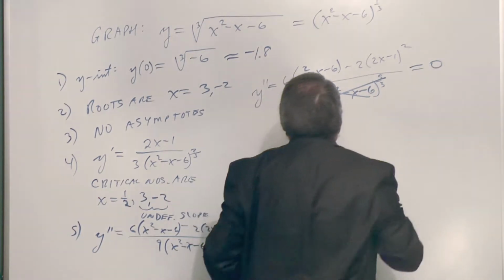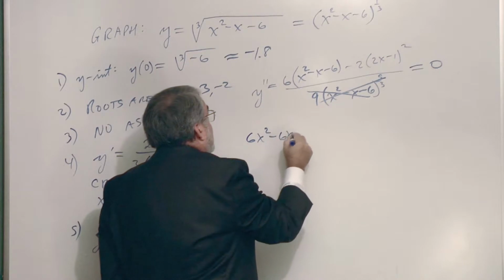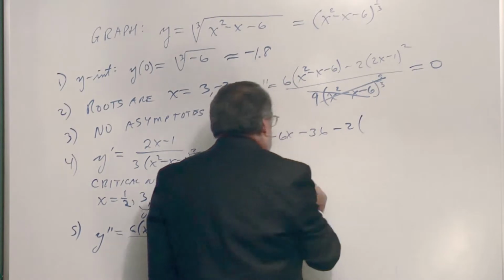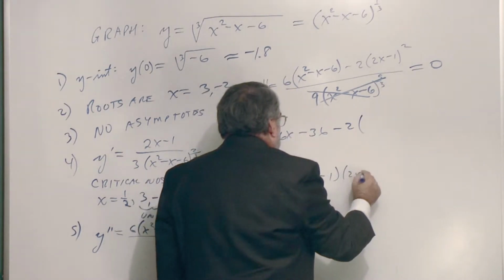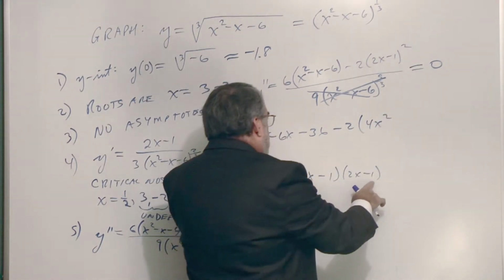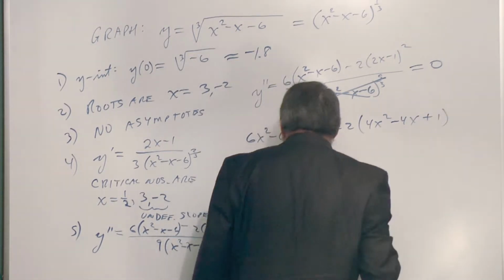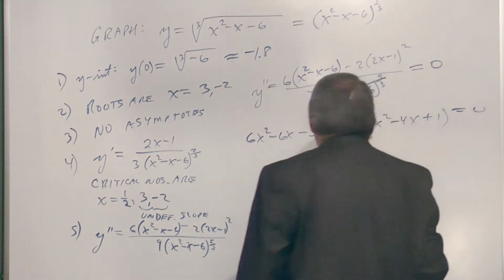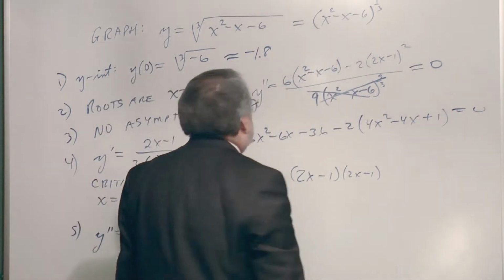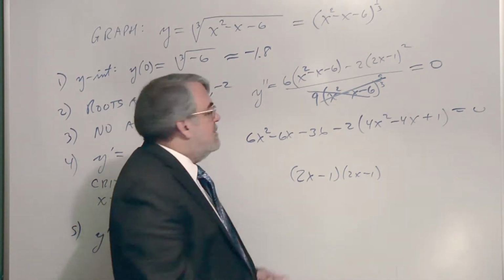So just think of this chunk here, and multiplying, I got 6x squared minus 6x minus 36 minus 2 times, and when you square this, it's 2x minus 1 times 2x minus 1: 4x squared, minus 2x is minus 4x, and then plus 1, all equals 0. You know, I could have helped myself by dividing everything by 2 first. You know what? Let's do that.